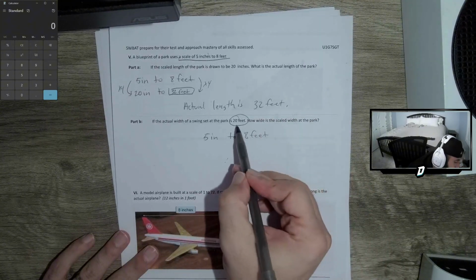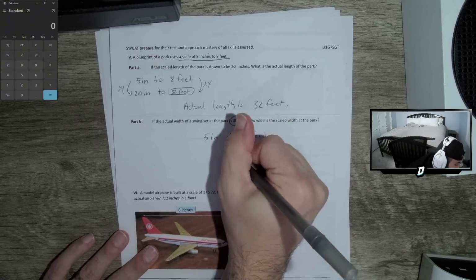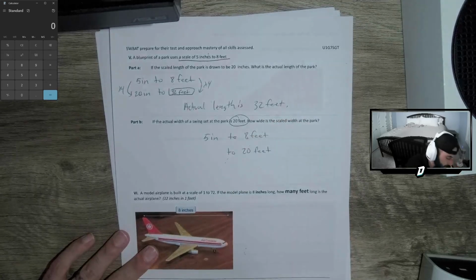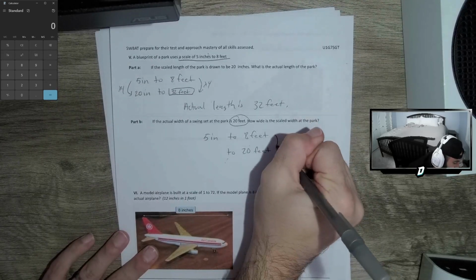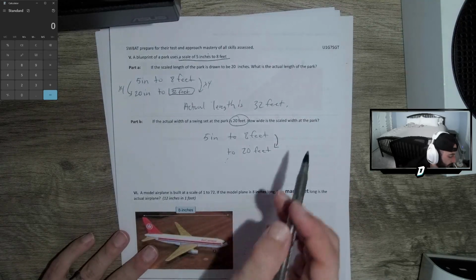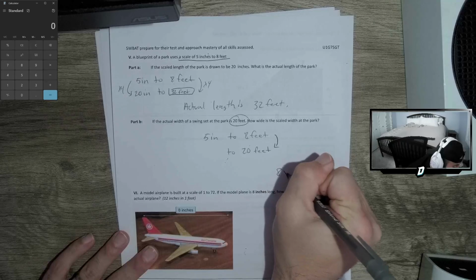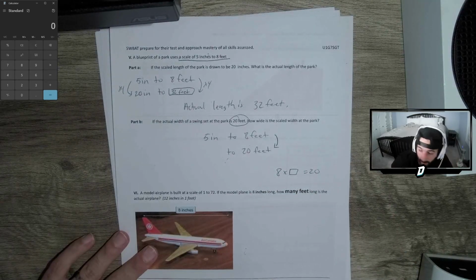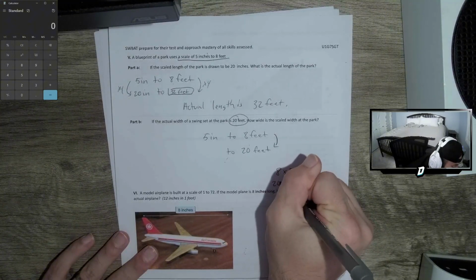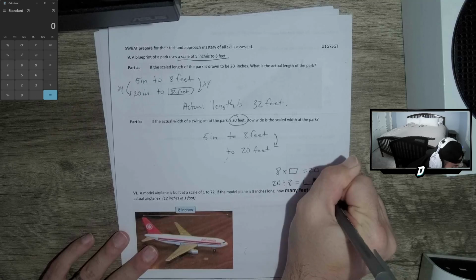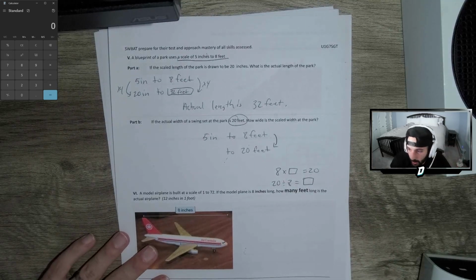But we need to make sure that the 20 feet goes here to 20 feet. And so we need to figure out, what do we multiply 8 by to get to 20? This is where you need to know, if I was to write this, 8 times some number equals 20, that is equivalent to 20 divided by 8 is equal to, bam. So here you have a calculator.